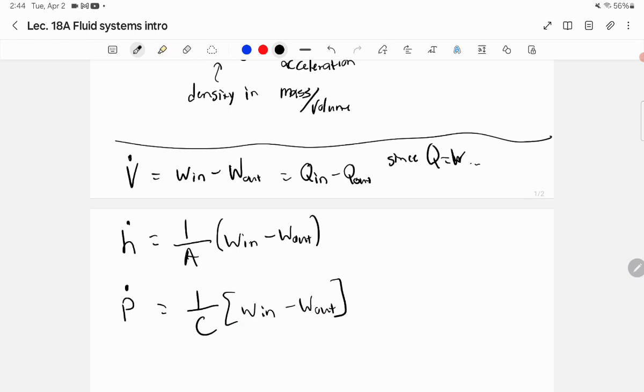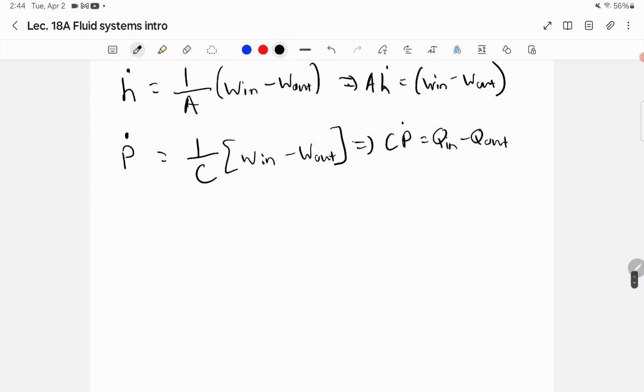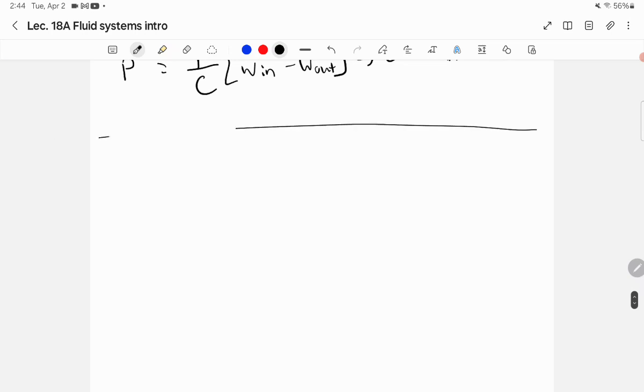And so you should be able to obviously rewrite these in any way. This is going to imply of course that C P dot is equal to Q in minus Q out, right? Okay. So these are a few of the relationships.